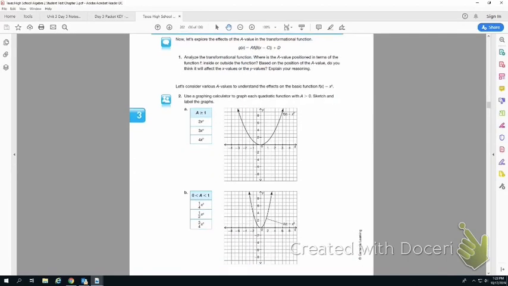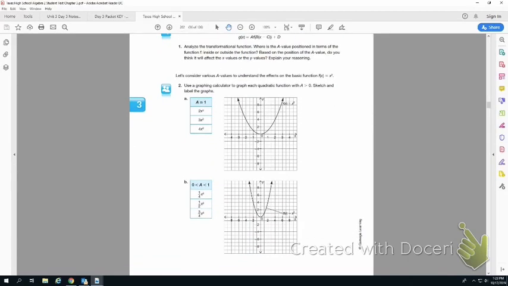So what I want you to do is first grab your calculator, and in y1, I want you to put x squared, and then y2, I want you to put 2x squared, y3, 3x squared, y4, 4x squared, and compare all the graphs that get graphed after the first one, because the first one is going to be the parent function.